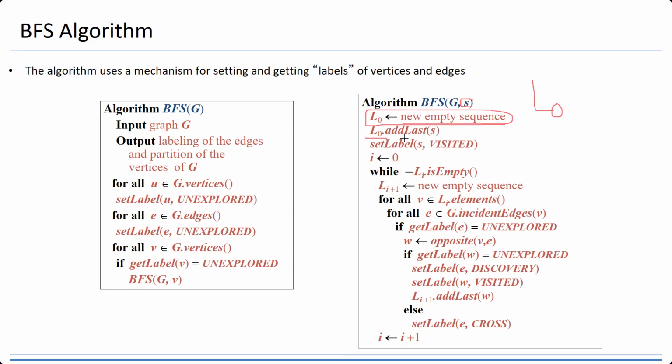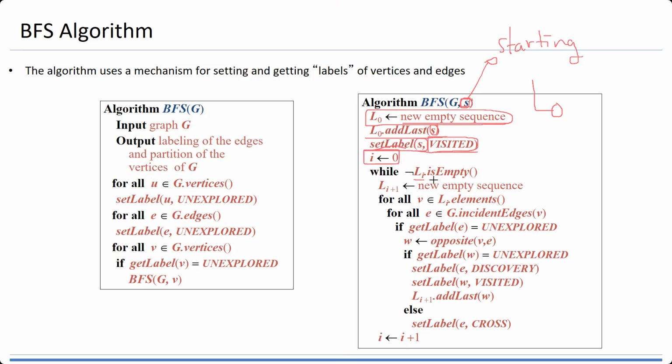And then L0 insert last S. So I'm going to add the S, and then we are going to set the label of S as visited. Let's say S is the starting vertex. I'm going to mark S as visited for the first time. And then let i be 0 for the first time.